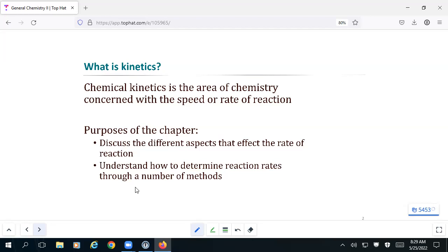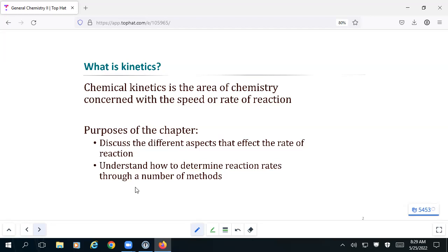And as it turns out, there are a lot of different things that can govern whether a reaction is fast or slow. And so really in this chapter, what we're going to get into are looking at all of those different things, and then looking at how to determine just how fast a reaction goes through a variety of methods.